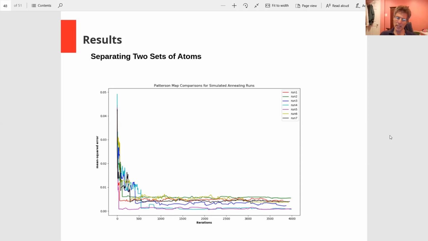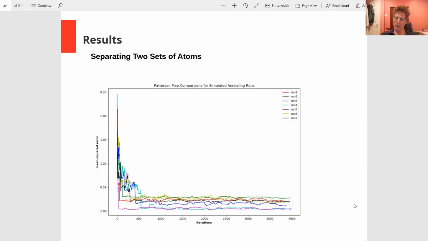And what I'm showing here is the mean squared error between a calculated Patterson map from 10 of those atoms and the true Patterson map on the neural network input, as the combination of 10 atoms in the set converges.